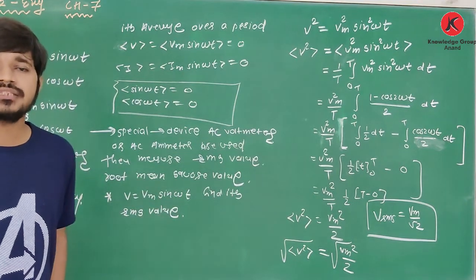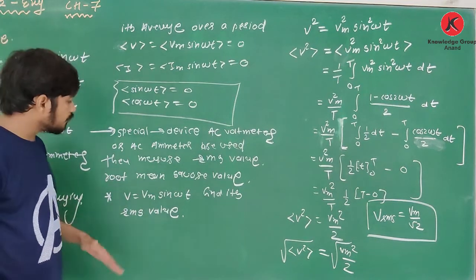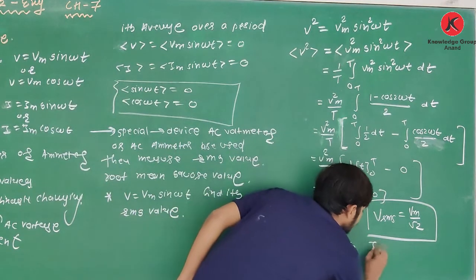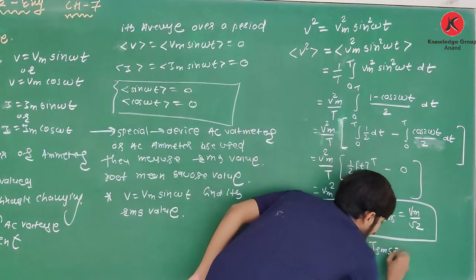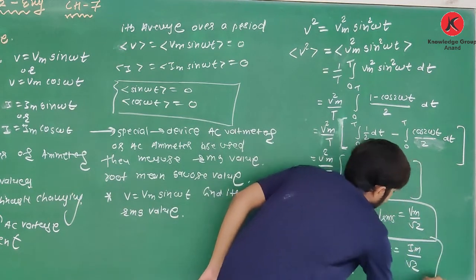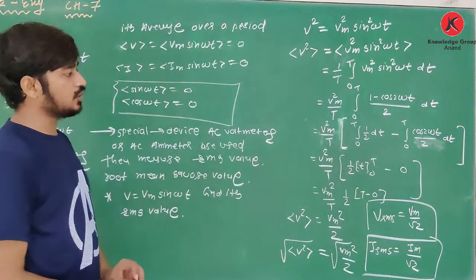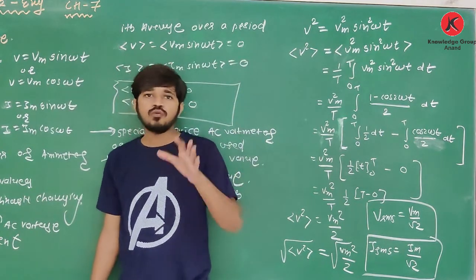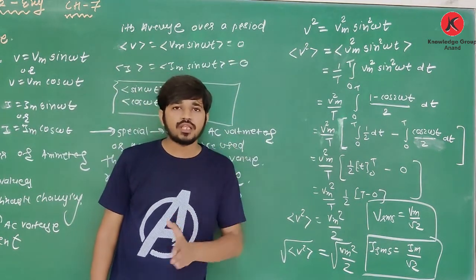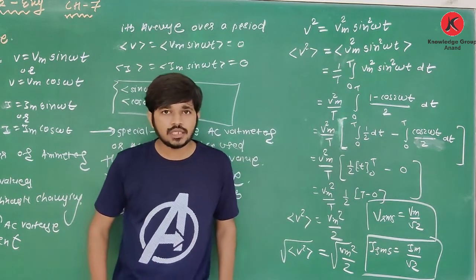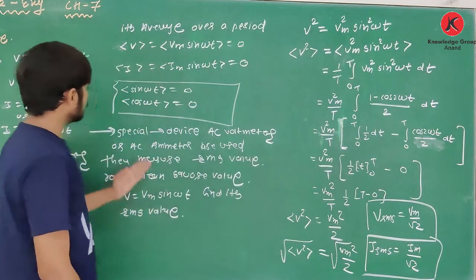If you are given current, then for current you have to write the equation like this: I rms is equal to I m upon root 2. So this is how to find the RMS value. Clear about this? So yes, you have to remember this.